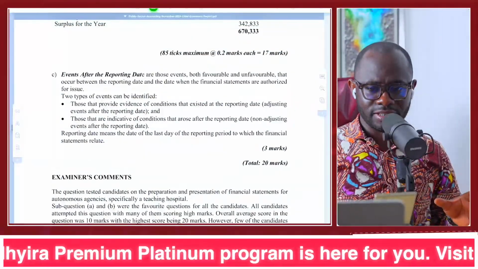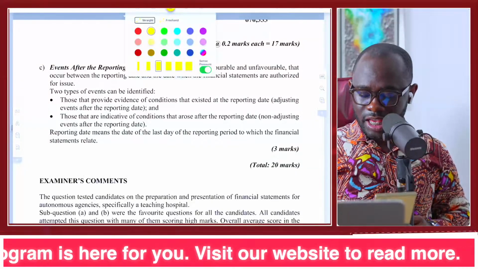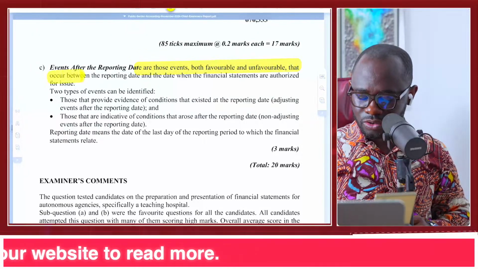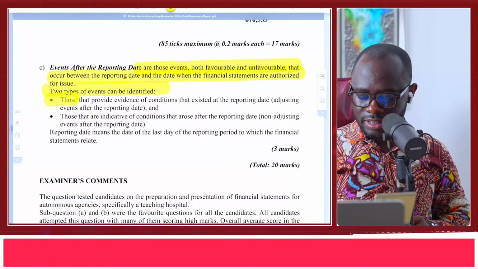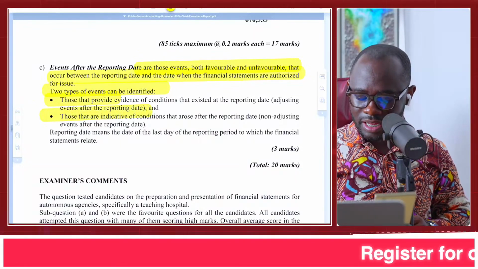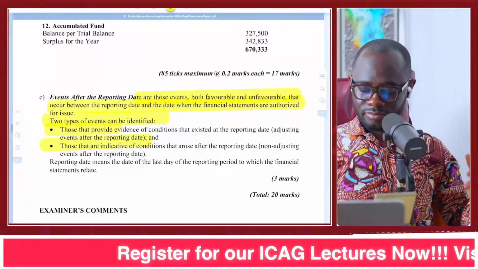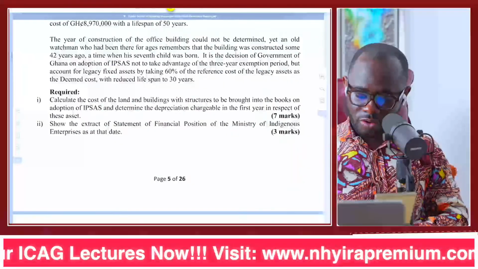Again, this is a marking scheme, though, but it gives you an idea. So he says, events after the reporting date are those events which... two types of events can be classified: adjusting events and non-adjusting events. Explain. Then, let me show you another one.